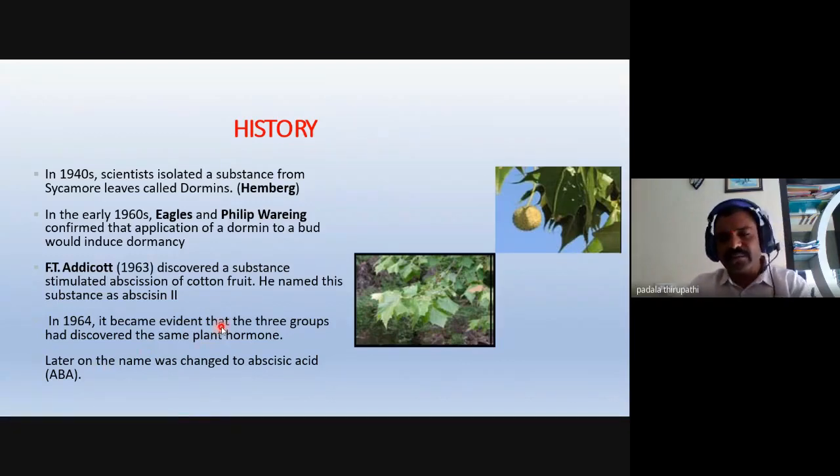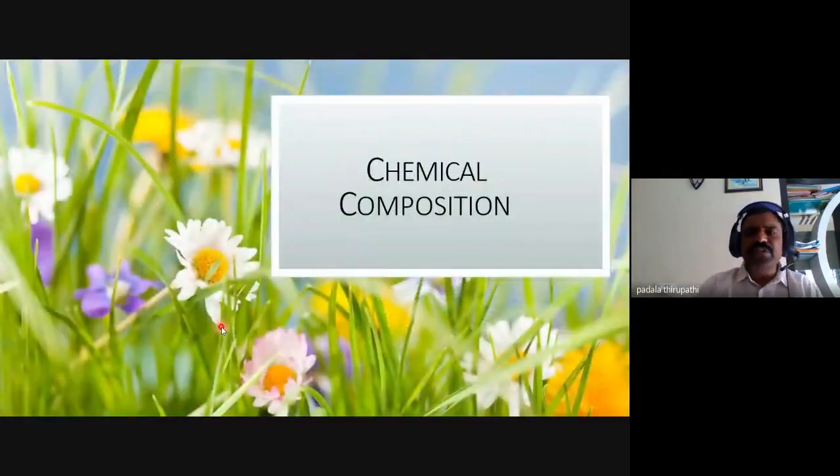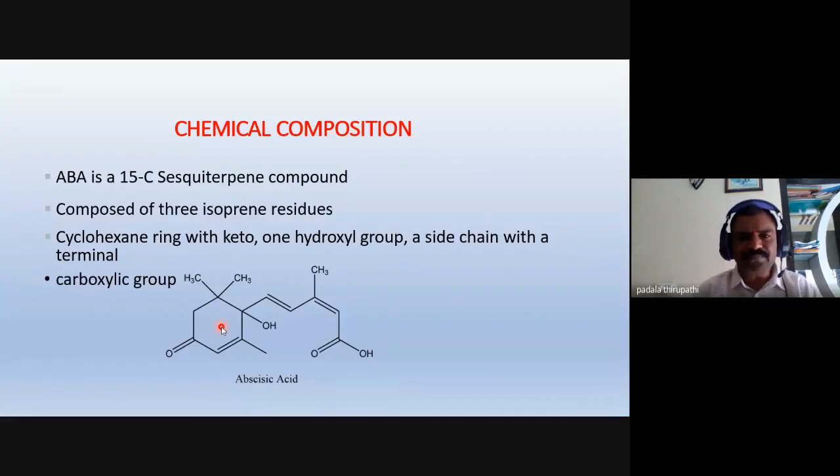Okay. Then, what is the chemical composition of abscisic acid? Abscisic acid is a 15-carbon sesquiterpene compound. Yesterday we discussed gibberellic acid, and we know its chemical structure is a 20-carbon or 19-carbon compound, GA3, gibberellic acid, 20 carbon, you know.